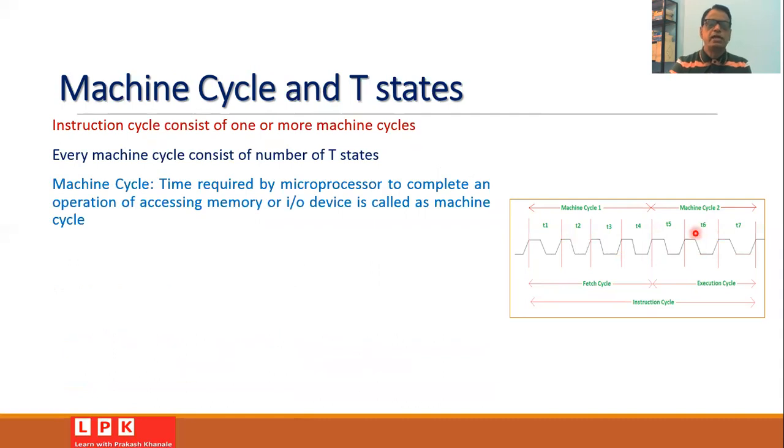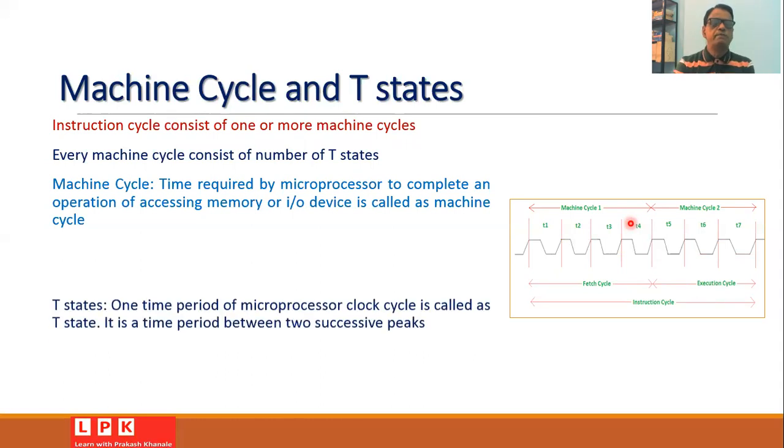So what is a machine cycle? A machine cycle is the time required by the microprocessor to complete an operation such as accessing the memory or an input output device.